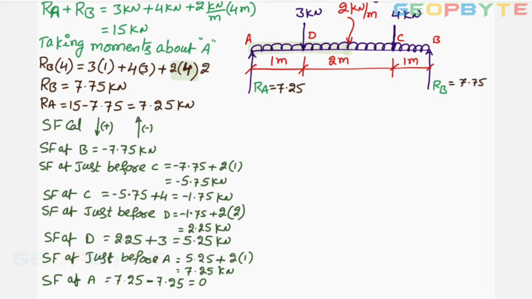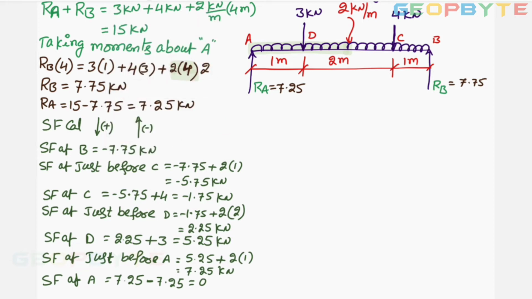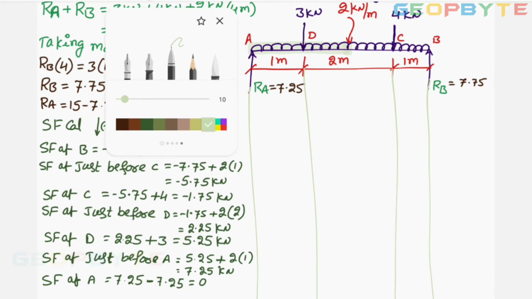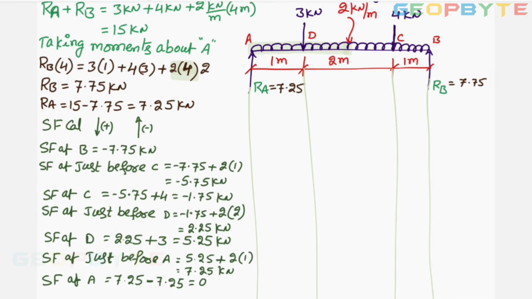Now let us project the vertical lines from the respective points. Thin vertical lines from the respective points, like this. Now you draw a reference line, maybe like this.